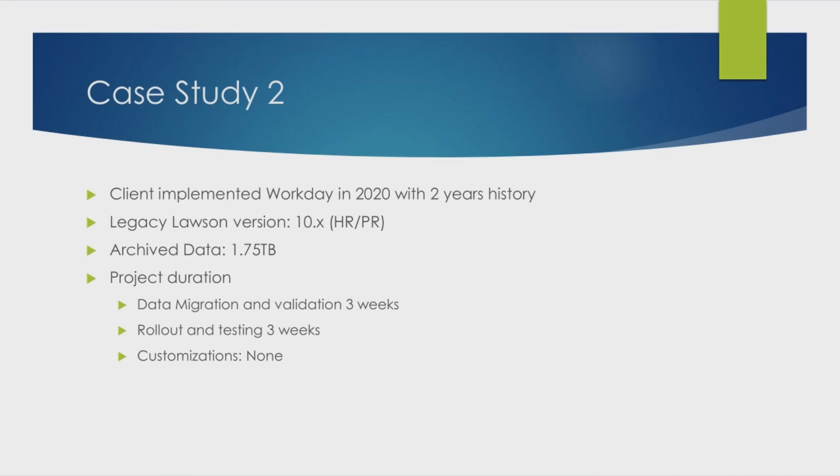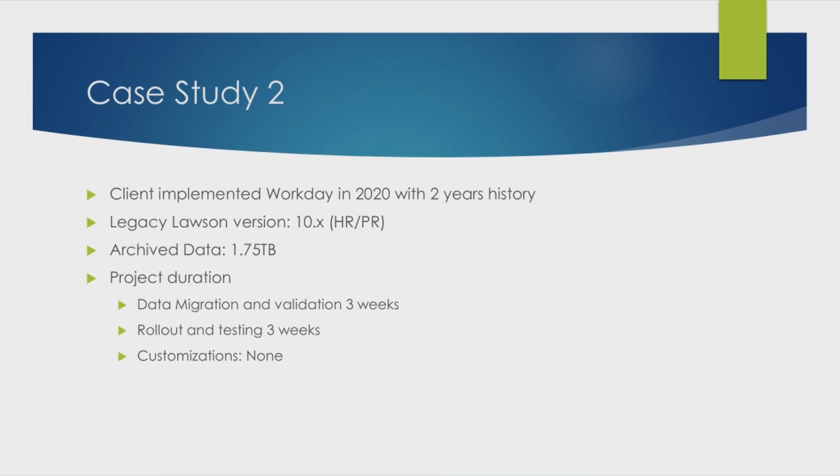The second one was a client that moved to Workday in 2020, and they took about 2 years worth of some of the history with them. It's really difficult to see what you're missing, right? When you're doing these implementations, you can take some stuff with you, but you never really know what you left behind until you're live and you need access to that historical data.